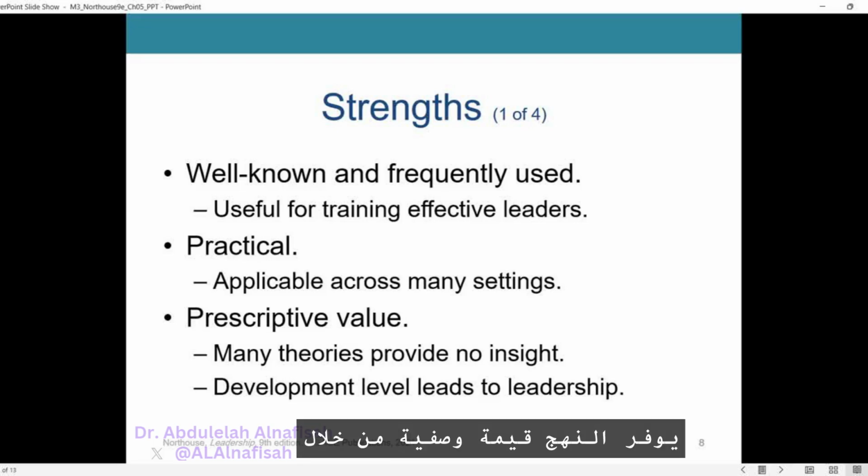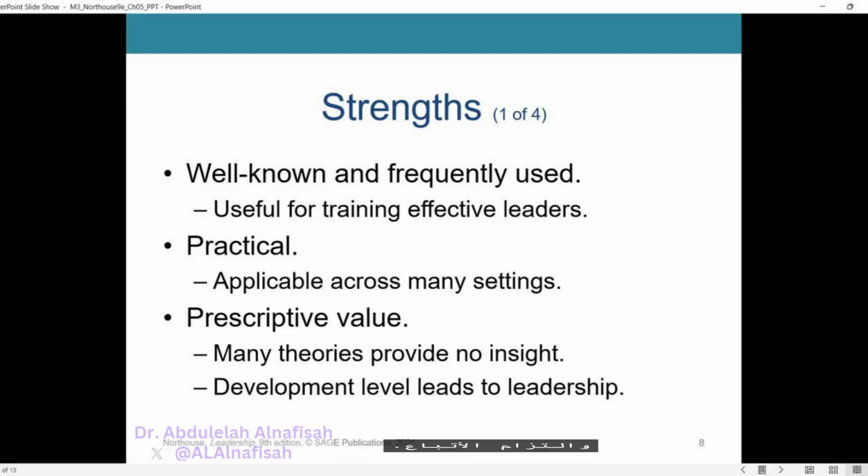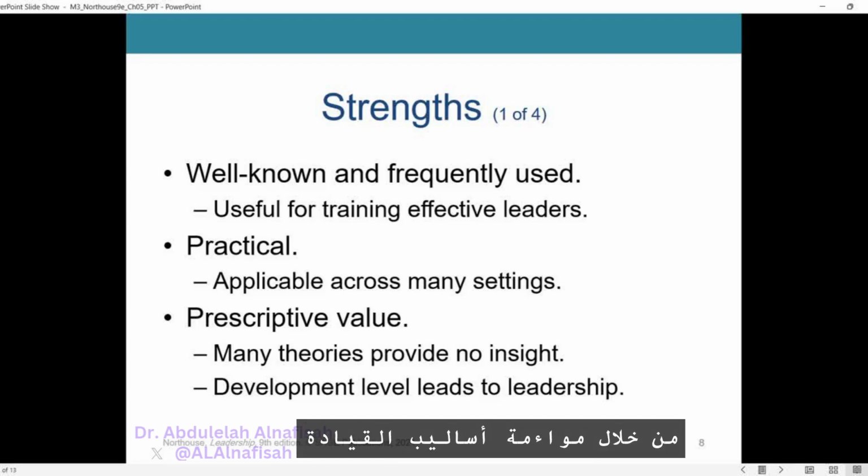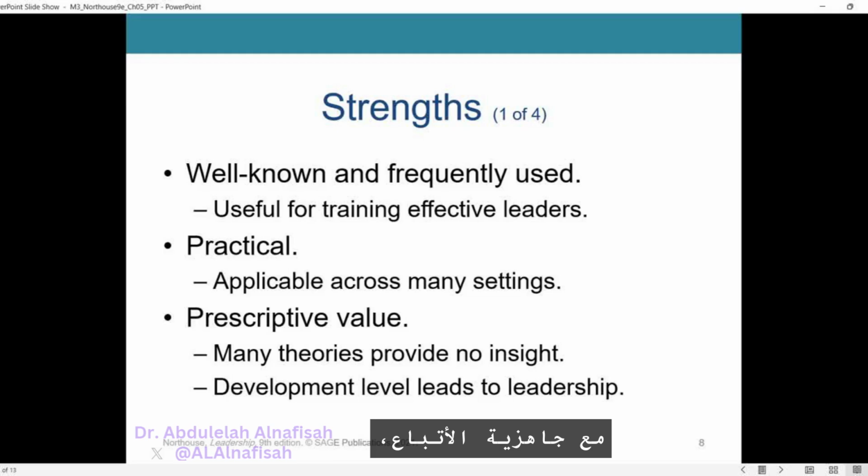Furthermore, the approach offers prescriptive value by guiding leaders on what actions to take based on followers' competence and commitment levels. By aligning leadership styles with follower readiness, leaders can enhance performance and satisfaction among employees.